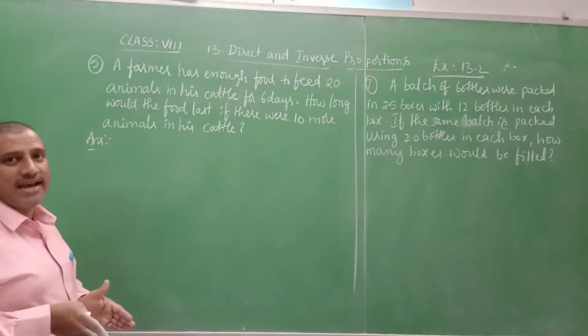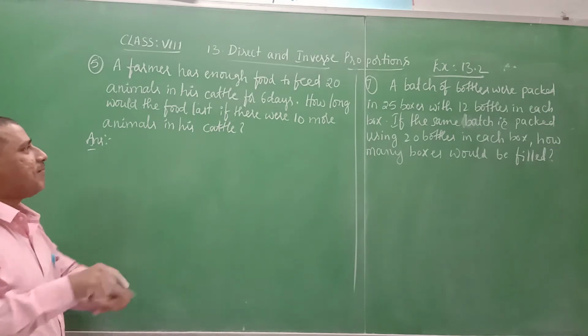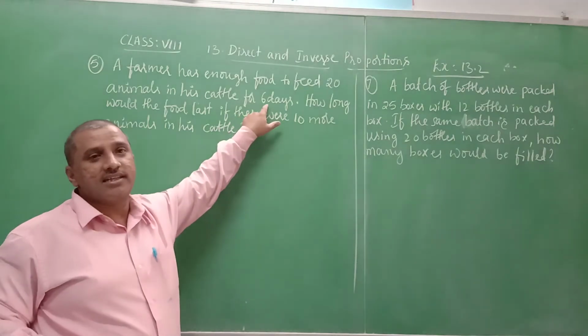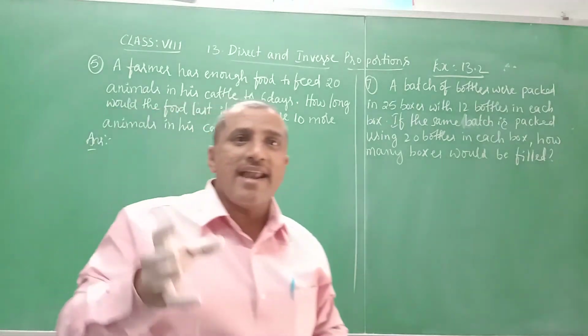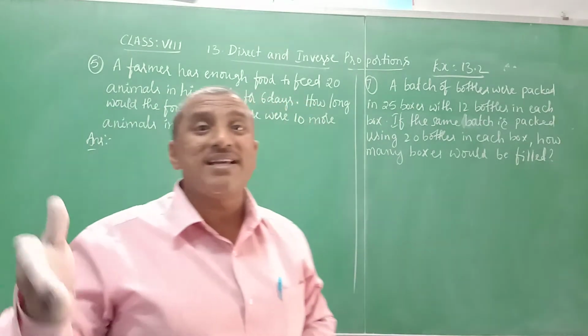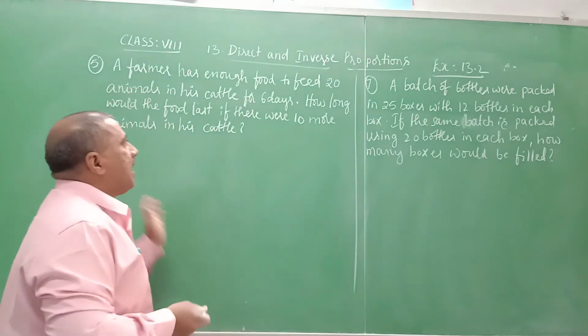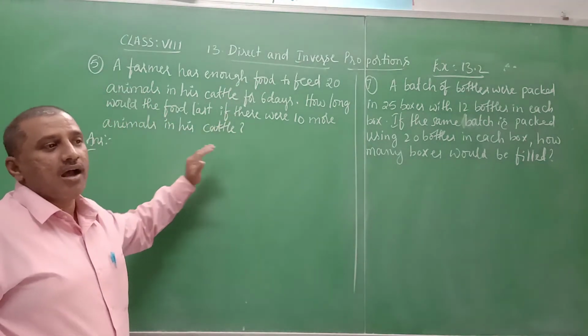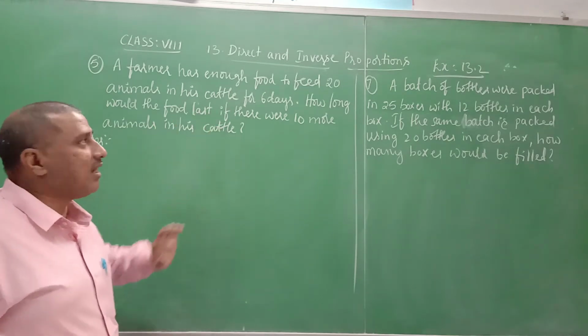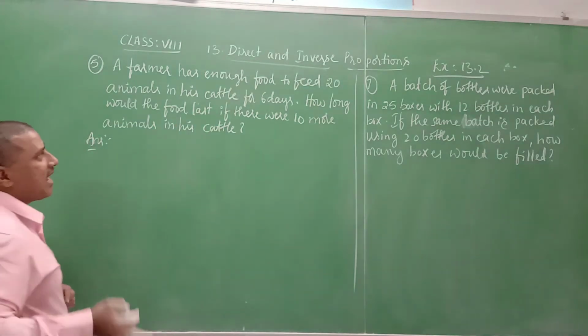First it is 20 animals, and the food is sufficient for 6 days. If 10 more are there, then the total number of animals is 20 plus 10, it is 30 animals. If 30 animals are there, for how many days will that food be sufficient?